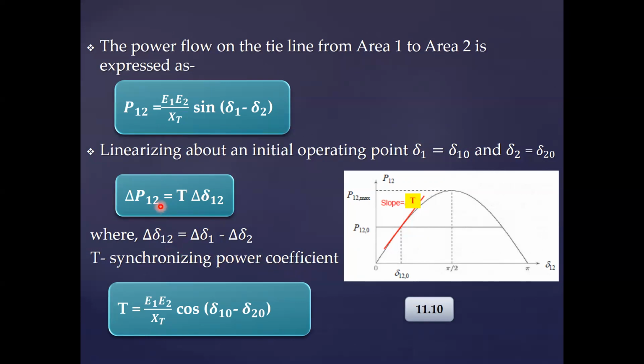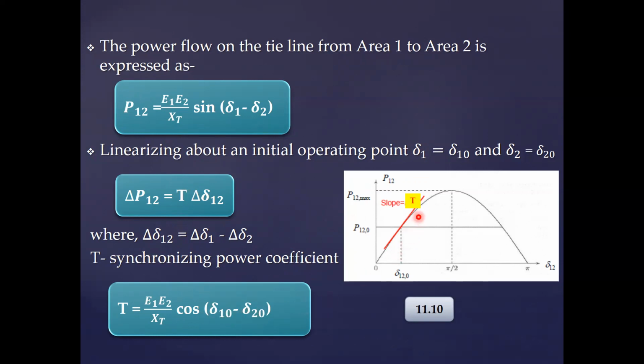We have linearized it by taking the partial differentiation of P with respect to the angle. And thus this is the constant term you get, the synchronizing power coefficient. And then after substituting the initial operating point, we have this one.